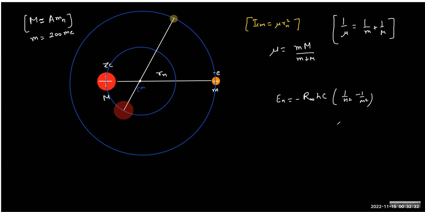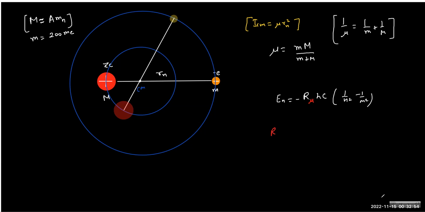Do you remember this? Simply replace R by the new R. Now the question is how to get the R value.